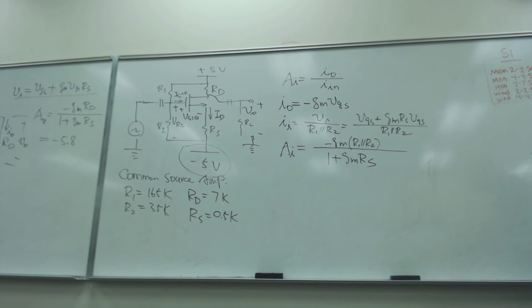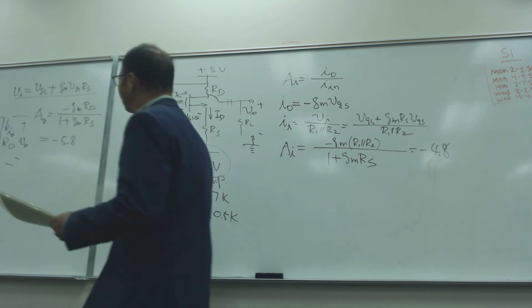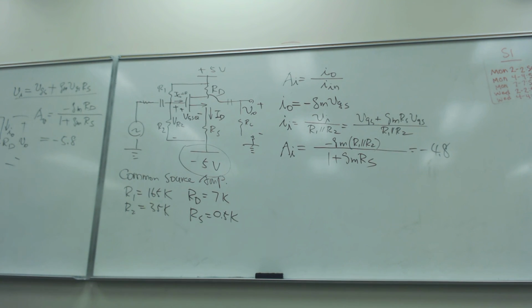Okay, if we have no objections, then that's correct. And this is minus 4.8. I like to keep that. I don't have a place to, maybe I should erase that.